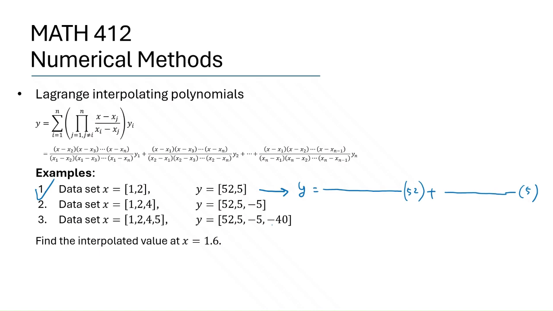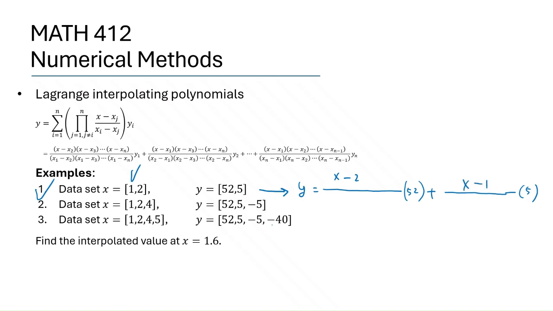The first term is x minus each x except itself. It's 1, you don't have this, so minus 2. And we only have 2 points, therefore that's just this. And the second term is x minus each x value except itself, so it's x minus 1 here.